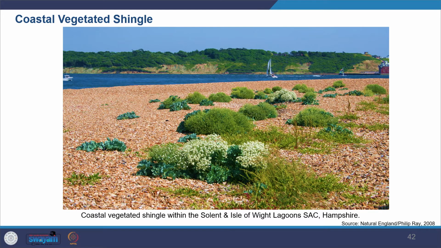Then you have vegetated shingles. You see scrubby vegetation or grass sward, and in the exposed areas, you have open vegetation and scattered vascular plants and lichens, which you can see here.